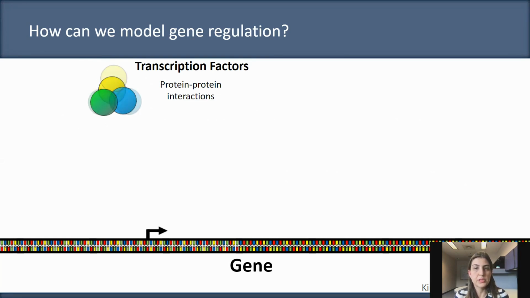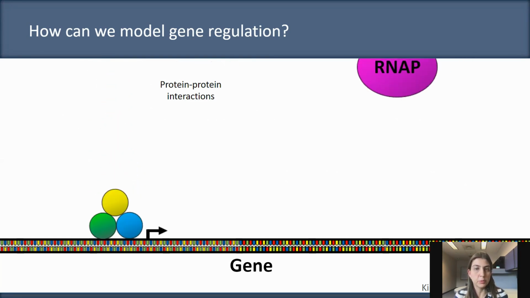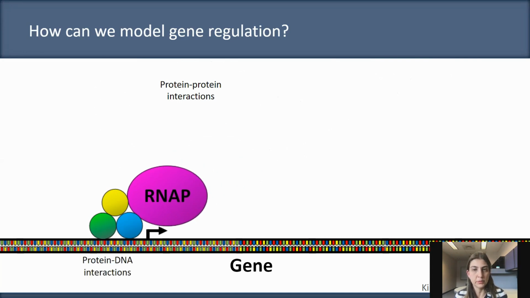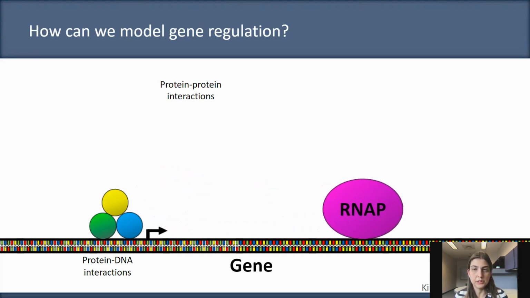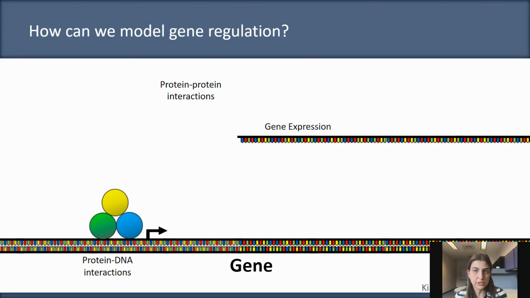Then the transcription factors will bind to the promoter regions and recruit RNA polymerase II and start gene transcription, right? And we can also learn about these protein-DNA interactions, for example, by performing ChIP-seq experiments. Then RNA polymerase will transcribe this gene, and we can measure gene expression through RNA-seq experiments, through microarray experiments.